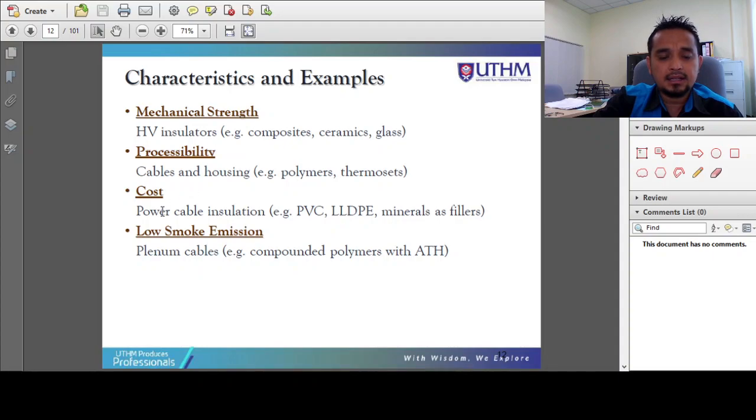Other than that, what is most important in selecting the material is the cost. For example, we have air as a gas insulator versus SF6 gas insulator.